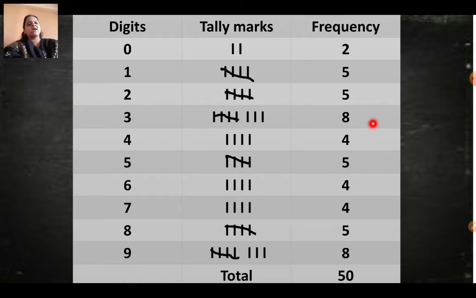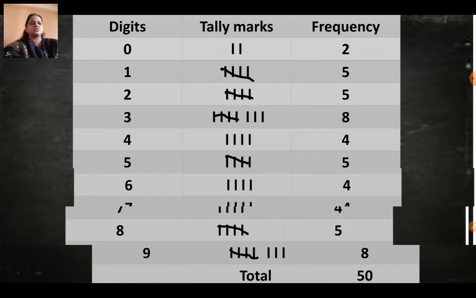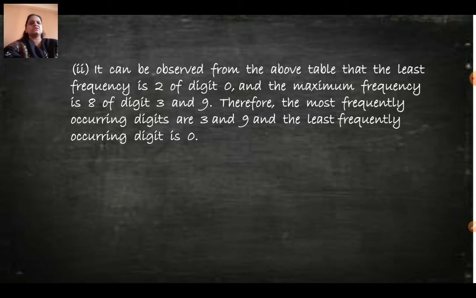That is 3 and 9. And which number occurs the least times? You can see over here, the frequency is 2 for the digit 0, so that means 0 is the digit which occurs the least times. That is the second part of this question. So write down the answer here.